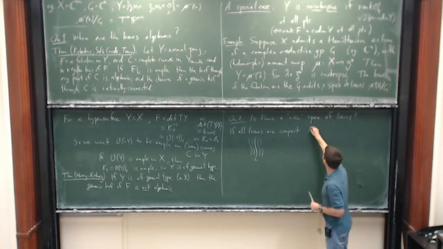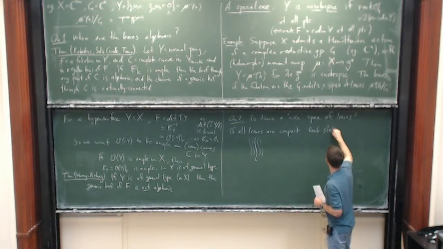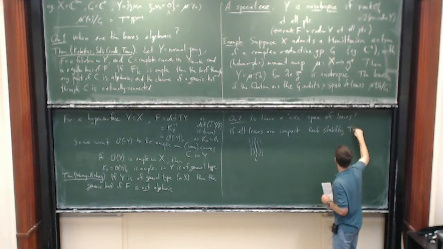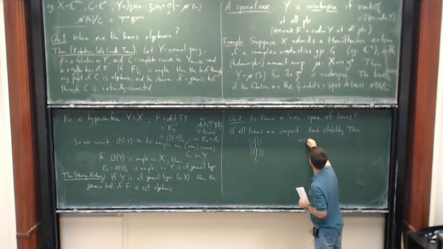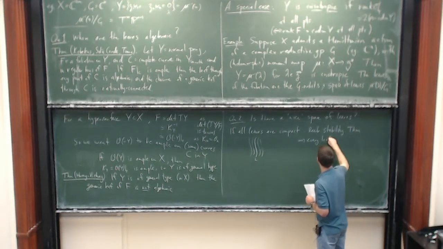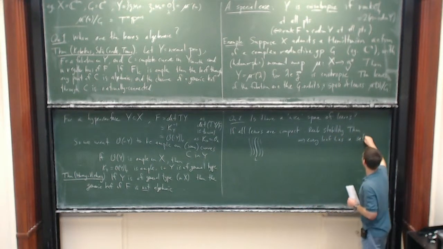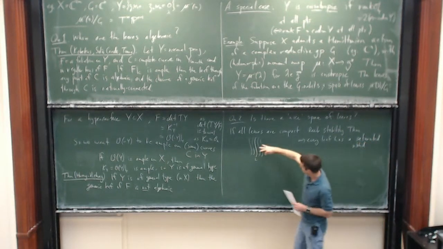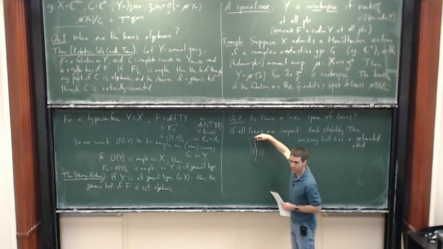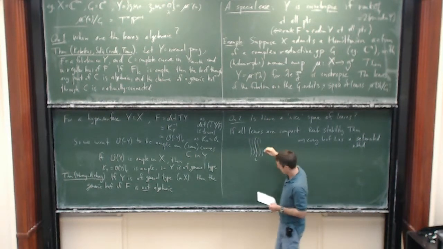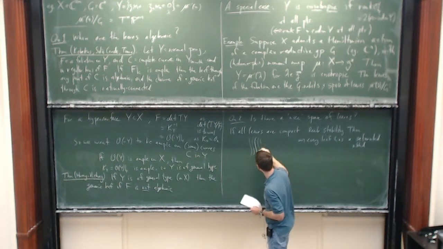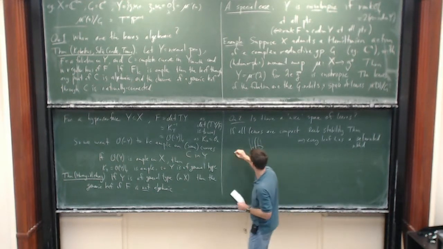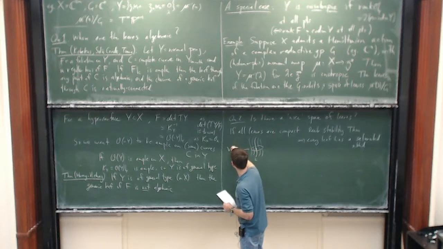Then Reeb's stability theorem implies that every leaf has a saturated neighborhood. What this means is that there's some neighborhood of the leaf which is just a union of leaves as well. Then you can take a transversal slice with our central leaf L hitting this at, say, 0. Let's call this V with 0 in there.